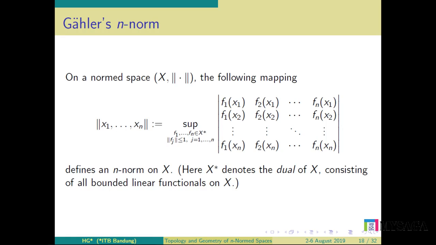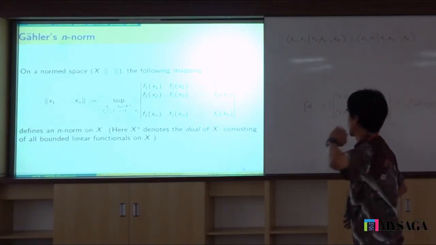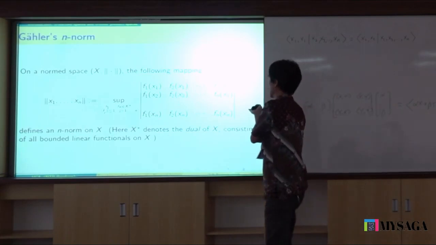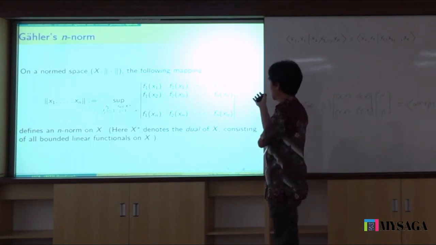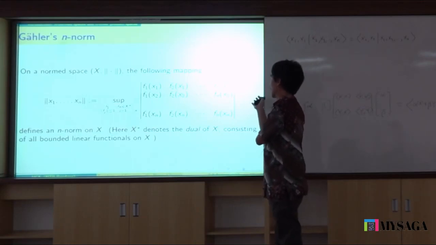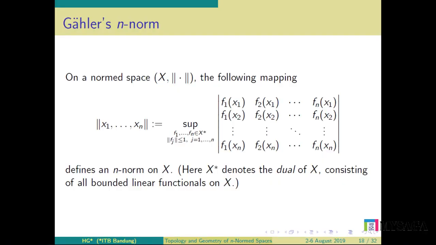How do we compute volume? Quickly, right? We don't want to do projection and so on. So we have this formula of the n-norm. Of course, this is not operational either, but this formula is an n-norm. This is in Gähler's paper, maybe the 1960s or so.